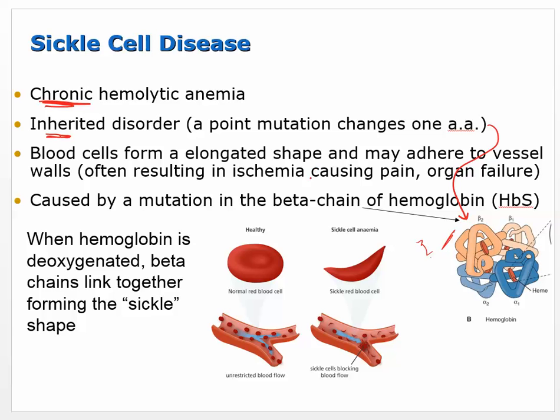Okay? So when it does that, the blood cells will form this elongated shape. And that elongated shape is not ideal for moving through the cardiovascular system. So it may adhere to vessel walls, and when it does that, it could result in ischemia. So they may build up and then block blood flow, which is what we see there.